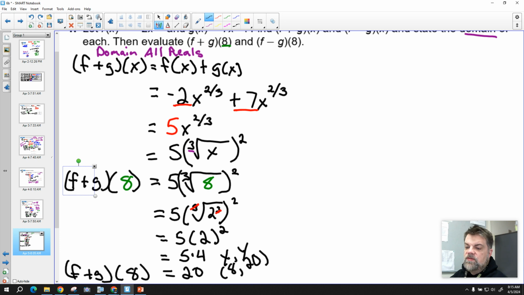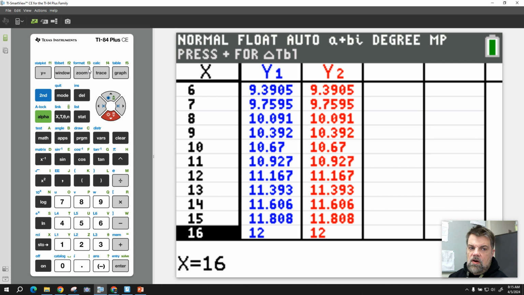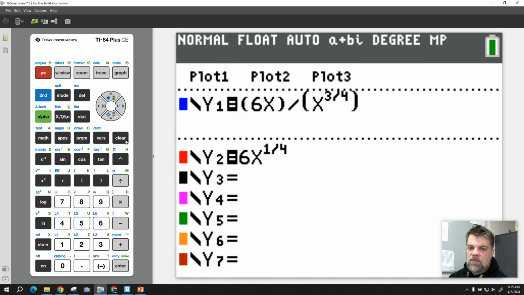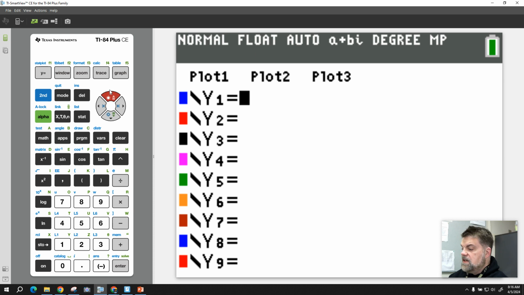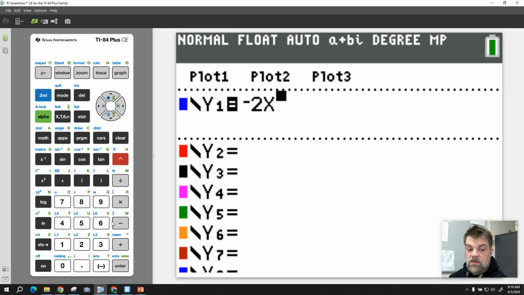Now, we could verify this very simply by putting it in the calculator, right? So that's what we're going to do. So I go back to y equals, I'm going to hit clear, and I'm just going to say negative 2x raised to the 2 divided by 3 plus 7 times x raised to the 2 divided by 3.